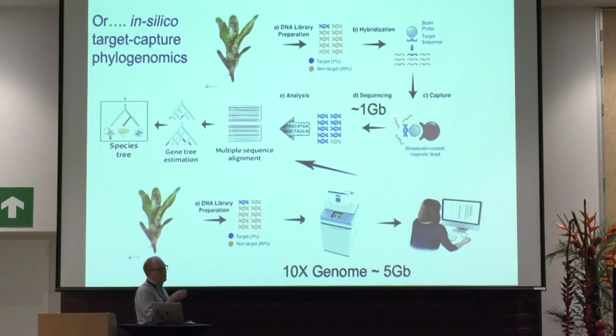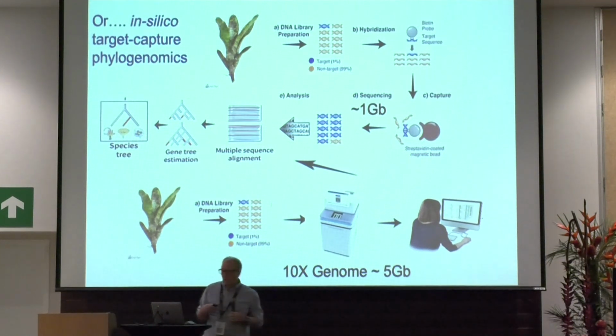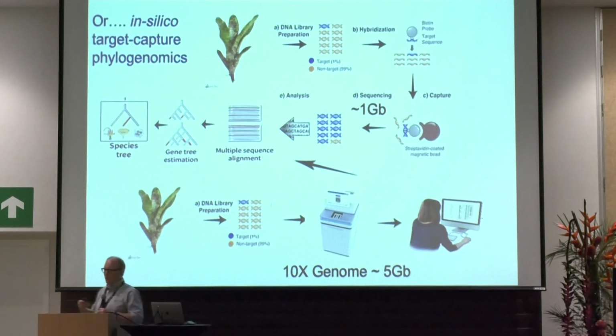So typically, you might generate 1 gigabase of sequence per sample for target capture analysis. Given that the average genome size for Bromeliaceae is somewhere around 500 megabases per C, if we generate 5 gigabases rather than 1 per sample, we're going to get 10x coverage for most of the Bromeliaceae.